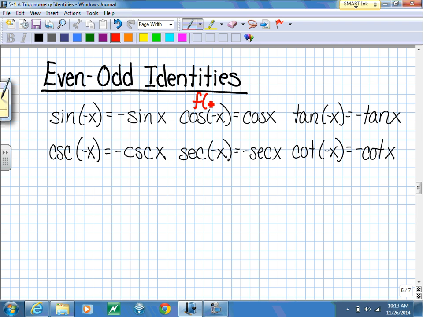Here I have f of negative x equals f of x. Here I have f of negative x equals negative f of x. With tangent, since it's an odd function, f of negative x equals negative f of x, and that's where the negatives come into play. Same thing with our cosecant, secant, and cotangent.